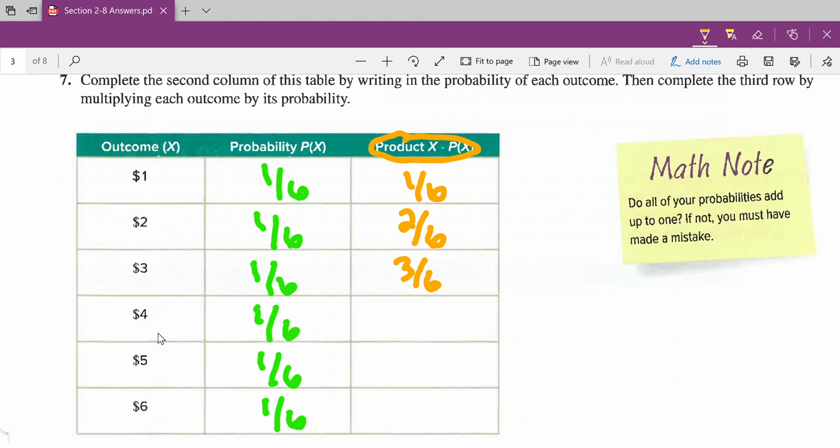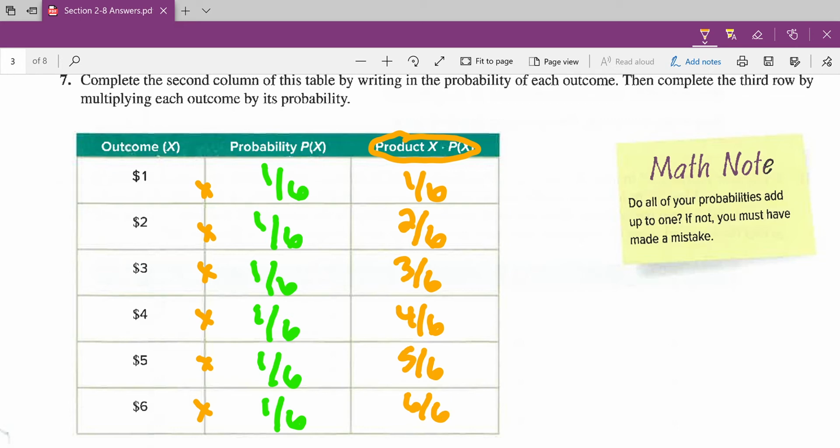So we're multiplying the first column by the second column. 4 times 1/6 is 4 over 6. 5 times 1/6 is 5 over 6. 6 times 1/6 is 6 over 6.